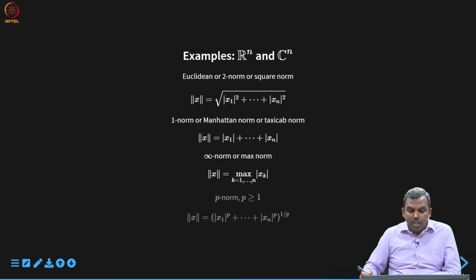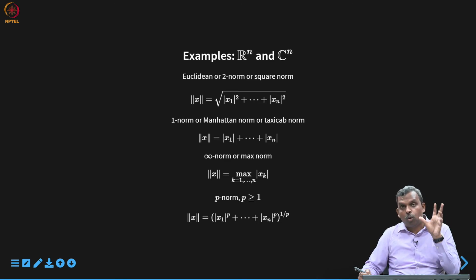So it turns out all these norms are a special case of what's called a P norm, and p has to be greater than or equal to 1, and the P norm is defined in this fashion. P norm of a vector x is the absolute value of each coordinate raised to the power p added up, and the whole thing to the power 1 by p.